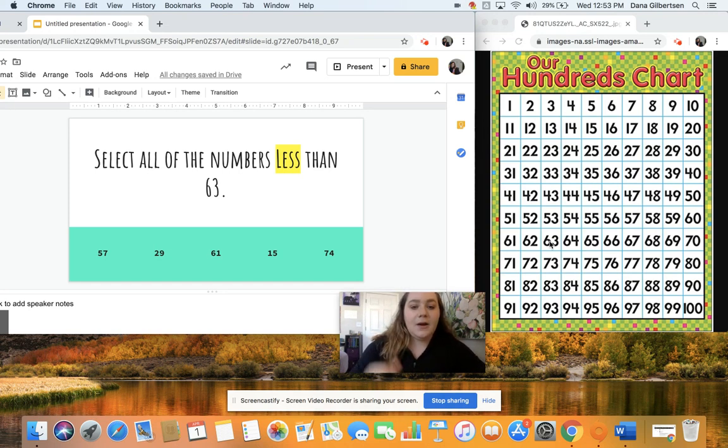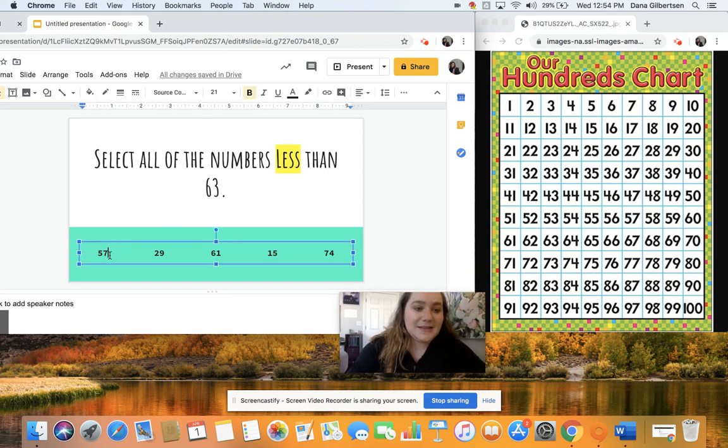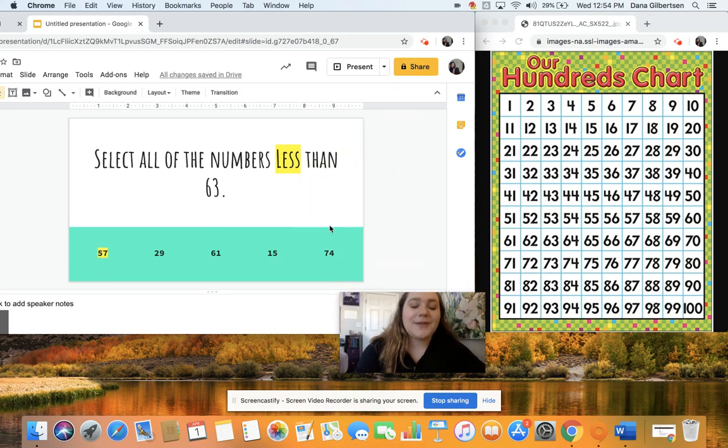Let's say, raise your hand, wave at me if you agree that 57 is less than 63. You should be waving because 57 is less than 63. We know this because 57 is a smaller number than 63.